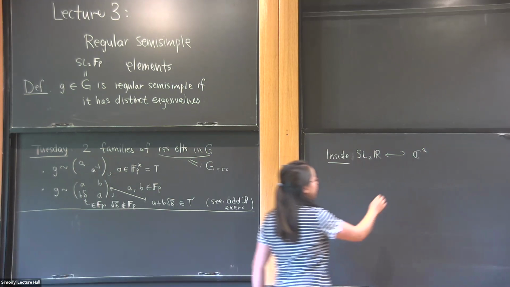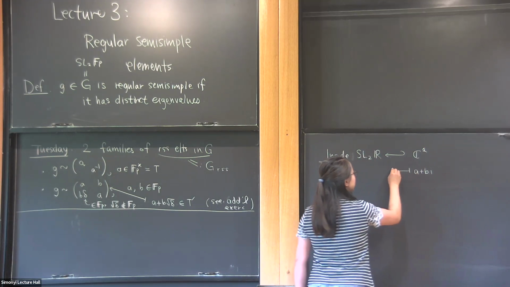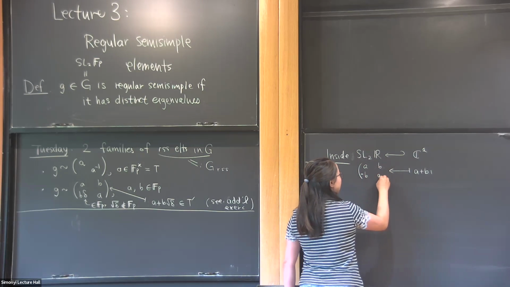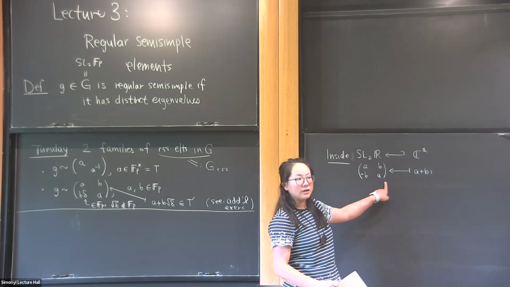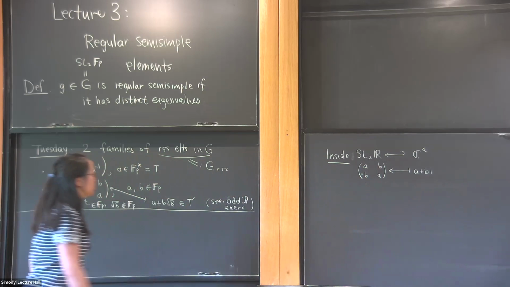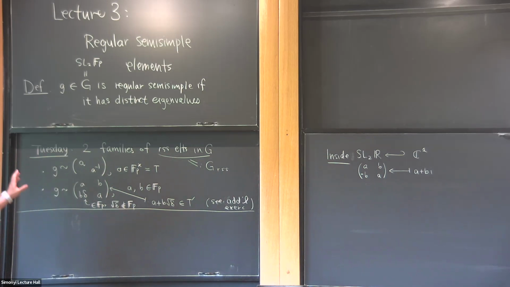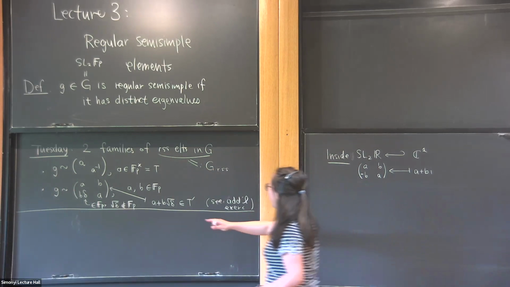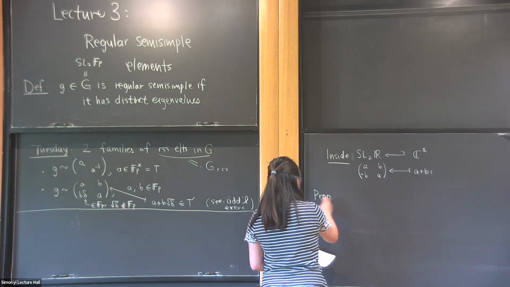You take a + bi and send it to (a, b; -b, a). This is your (cosine, sine; -sine, cosine), the rotation matrices inside SL2(R). So this T' is like rotation matrices inside SL2(Fp). Please do not be alarmed by this. This is just something you've seen before in a different guise.